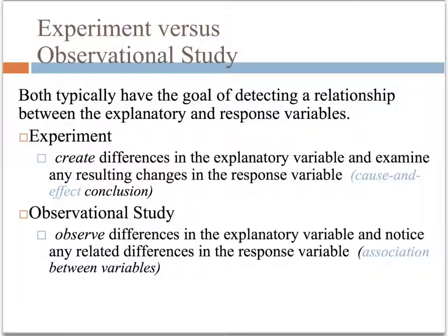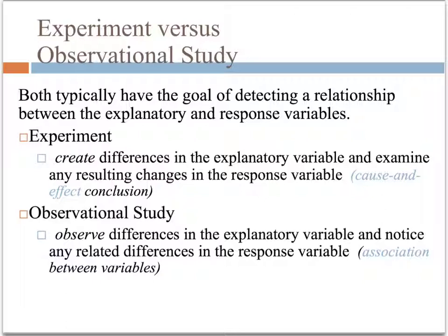Both experiments and observational studies have the goal of detecting a relationship between explanatory and response variables. Experiments create differences in the explanatory variable and then look at the changes in the response variable. So they're looking for cause and effect conclusions.